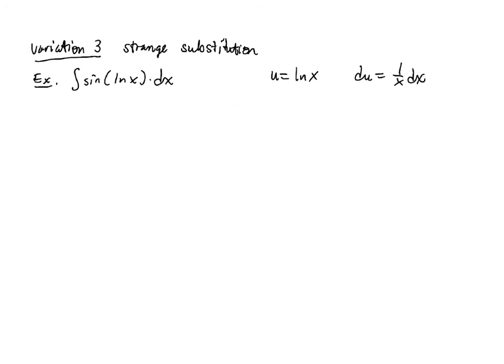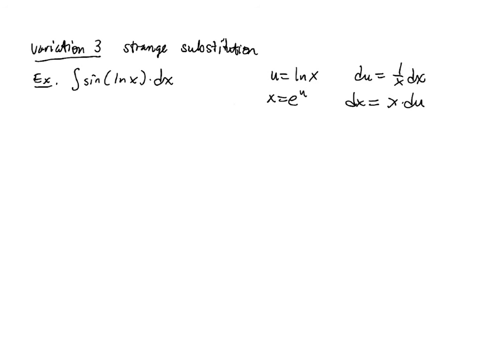But there's a tiny piece of cleverness that we can do in order to actually put that du over there. And it's like this. The u expression that we have, u equals ln of x, is the same thing, if you want to exponentiate both sides, of saying that x equals e to the u. That's just the definition of the natural log function. And so over here in my du expression, I can solve for dx, and that's going to be x times du.